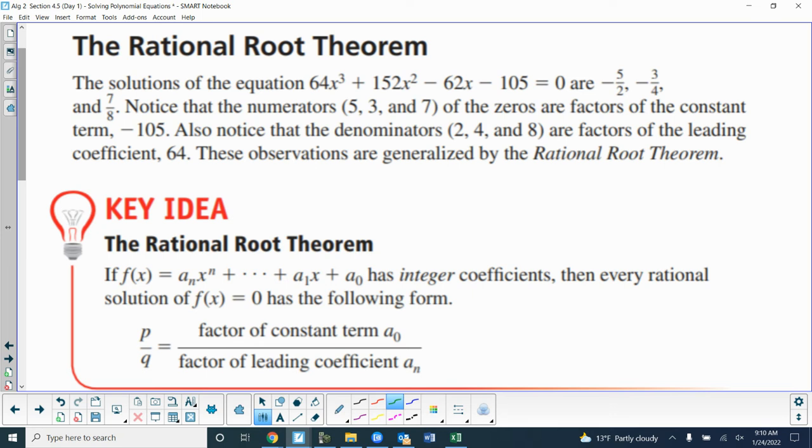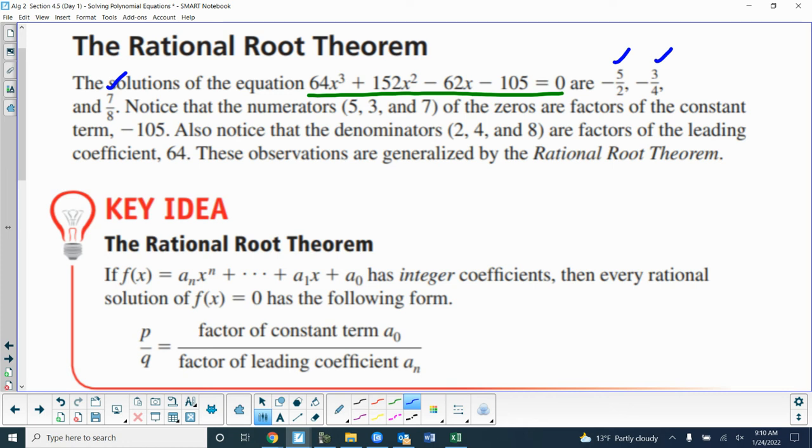So here's an example of a problem right here. And it says the solutions are these three fractions. All right? -5/2, -3/4, and 7/8 are the answers. Those are the zeros. You know, where it crosses the x-axis if we were to graph it for that problem.